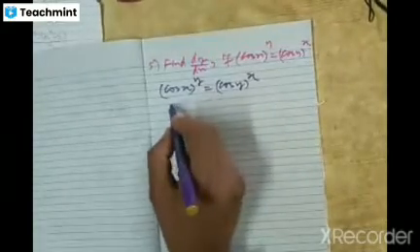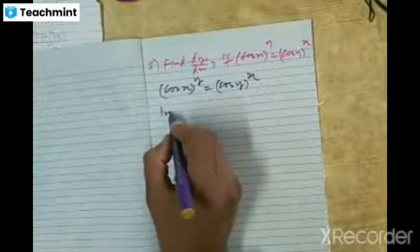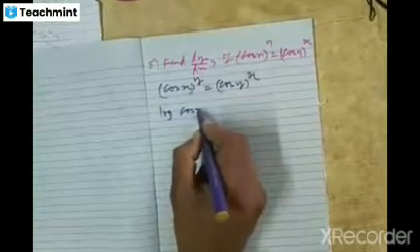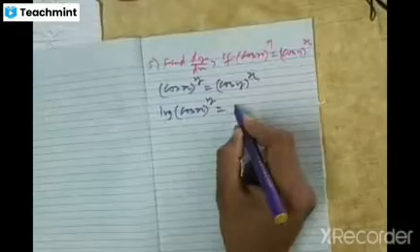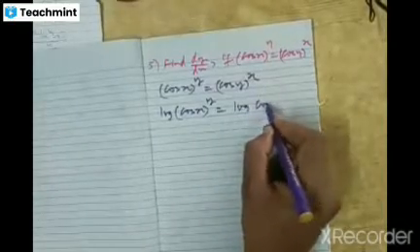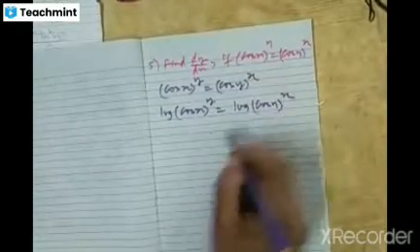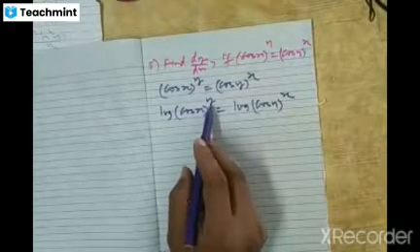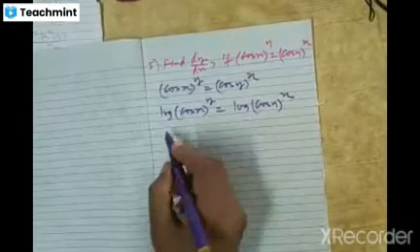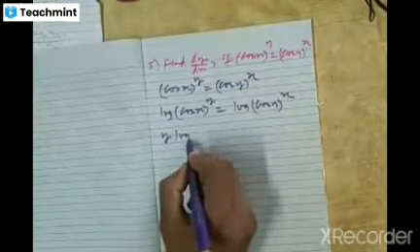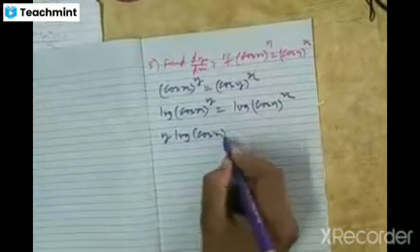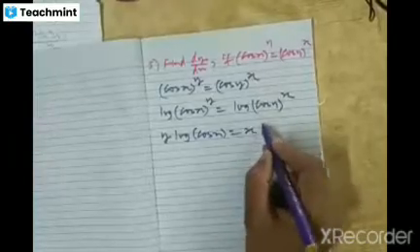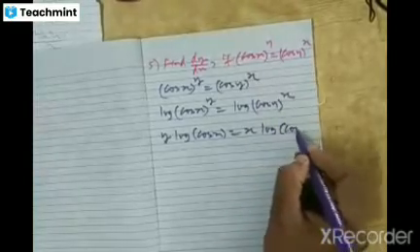Taking log on both sides, log of (cos x)^y is equal to log of (cos y)^x. Using one of the properties of logarithm, we can write the left hand side as y log of cos x, and the right hand side as x into log of cos y.